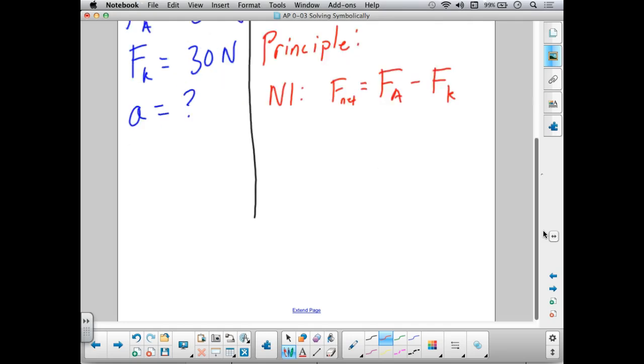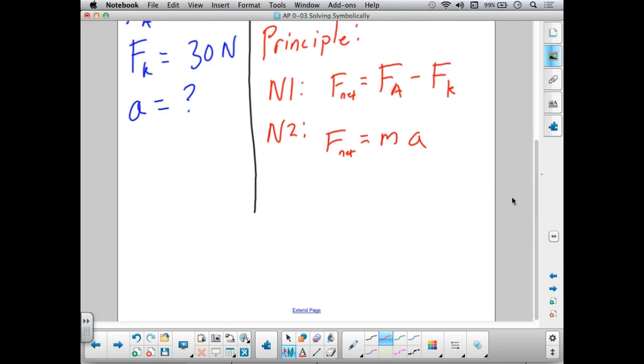My second principle that applies is Newton's second law. I know that the net force is equal to the mass of the object times the acceleration. So I've made two statements here using mathematical language, using equations. And this is going to allow me to do some things that I wouldn't be able to do if I just jumped right in and started solving with numbers.